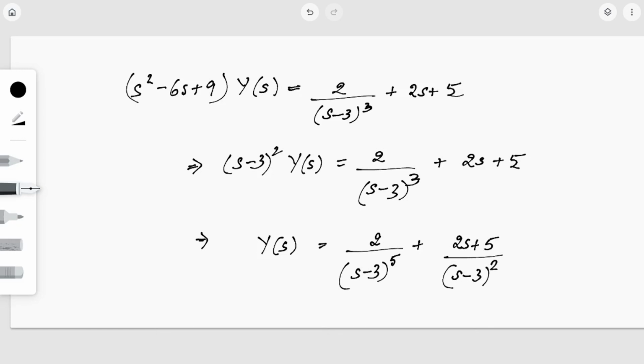Okay, so now we'll apply the inverse Laplace transform, right?